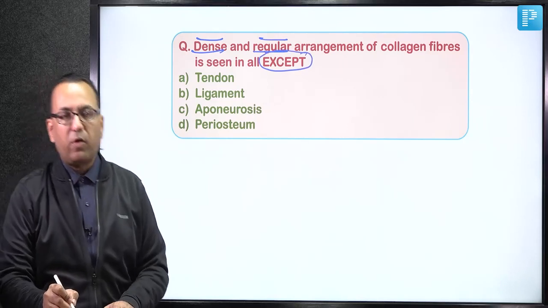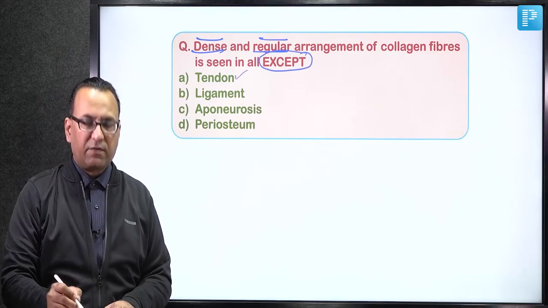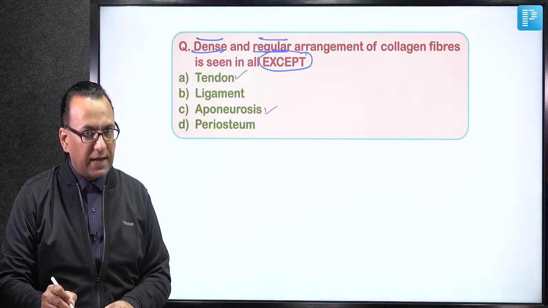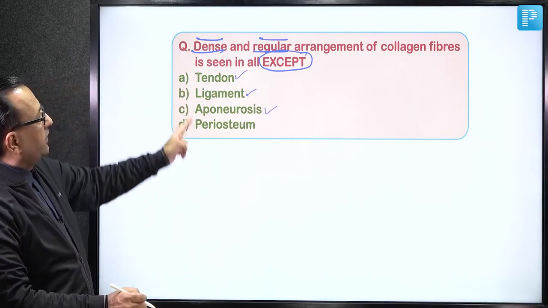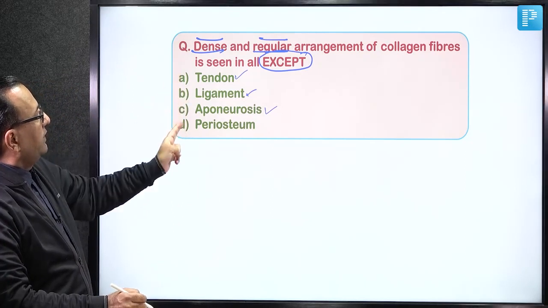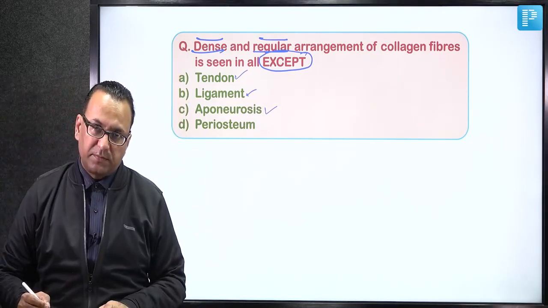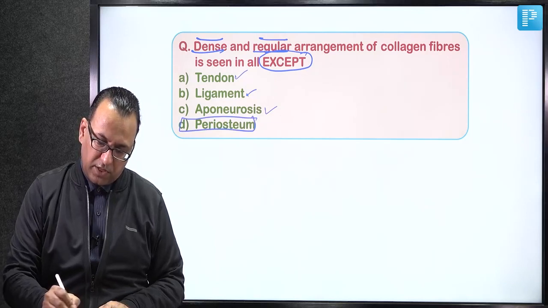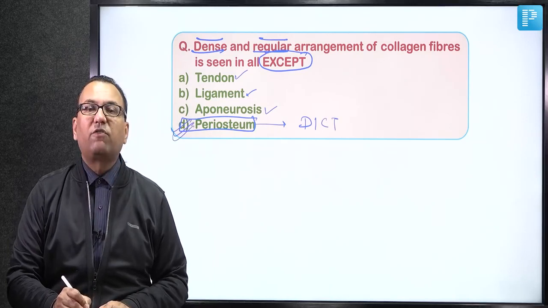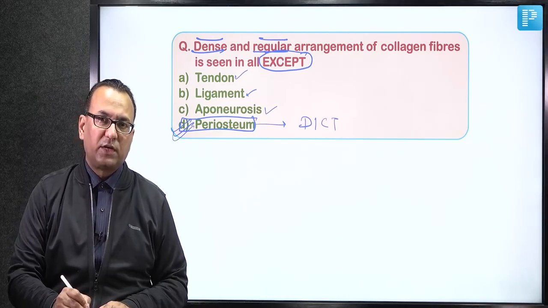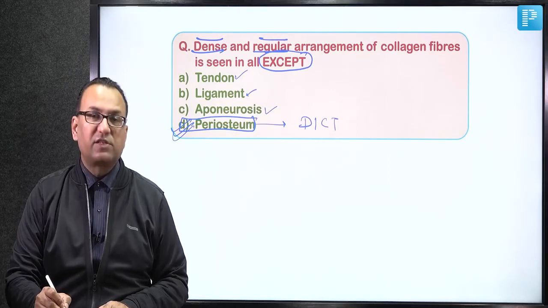We were talking about the tendon and a flat tendon which is called aponeurosis. Even the ligaments are dense and regular. So does that mean the answer is choice number D? Yes, be it the periosteum or the perichondrium, they are under the category of dense but irregular connective tissue. Hence the answer of exception. Actually, we have got a similar type of question. Let us move on to that, keeping the answer as choice number D.